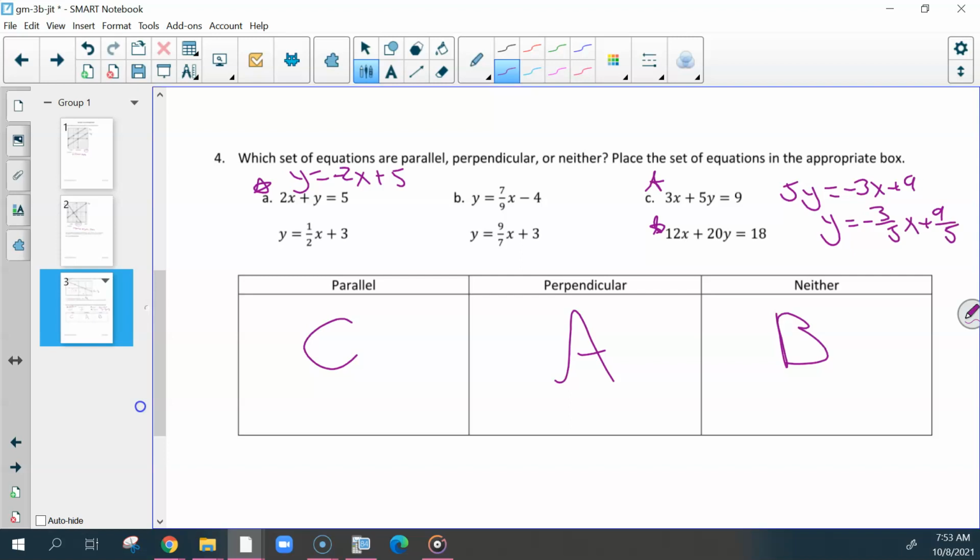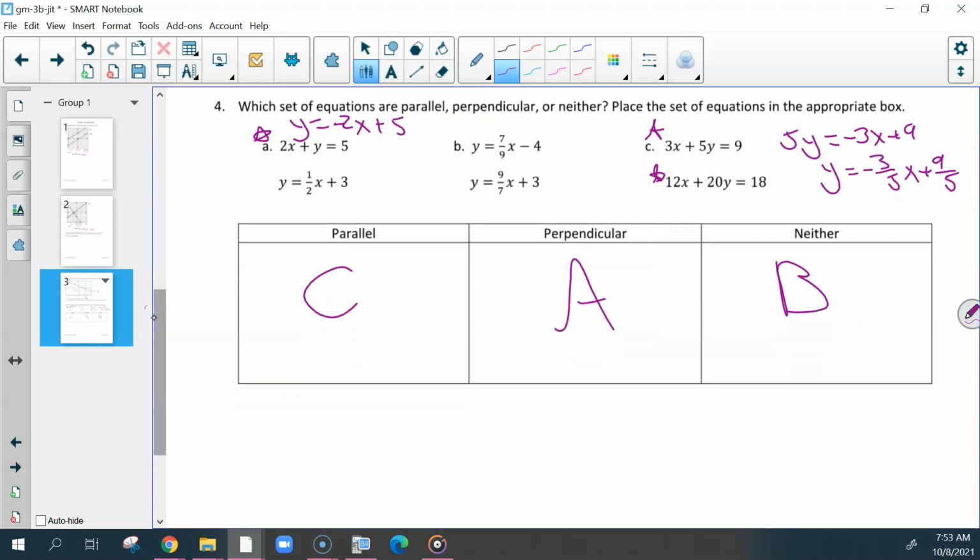I didn't show all of my steps there. But the equation for this first one is this. And then the second one, these both end up having a slope of -3/5.